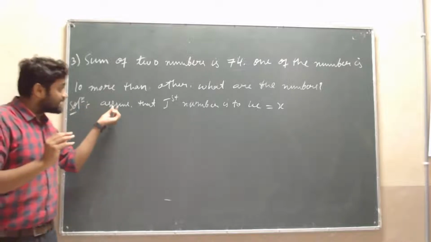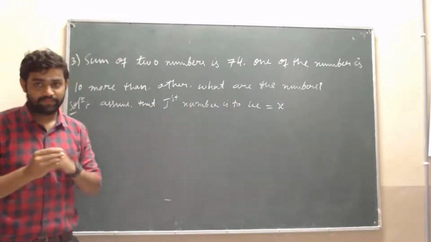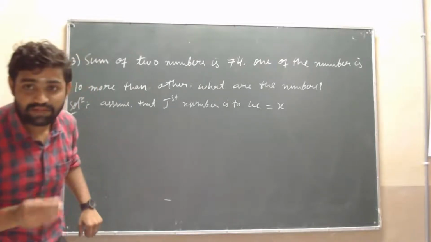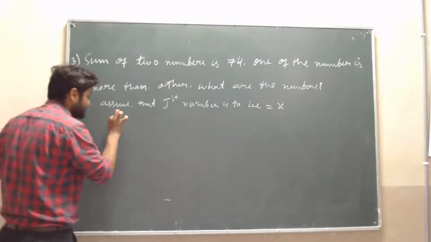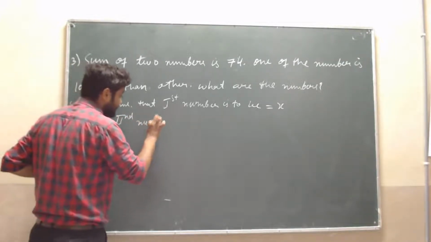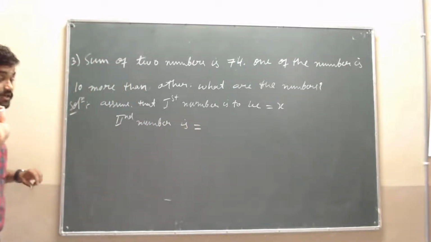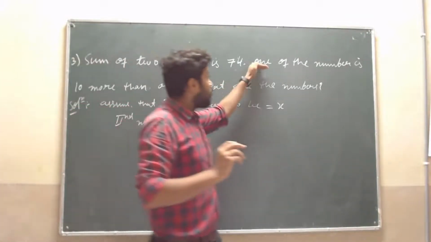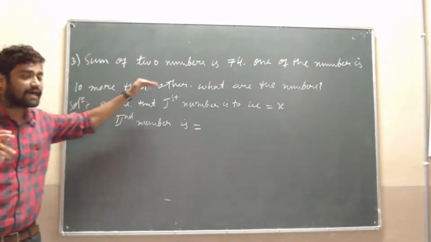Okay, that is, assume that first number is to be x. Then the second number is, see here, concentrate here, that is, one of the numbers is 10 more than the other.